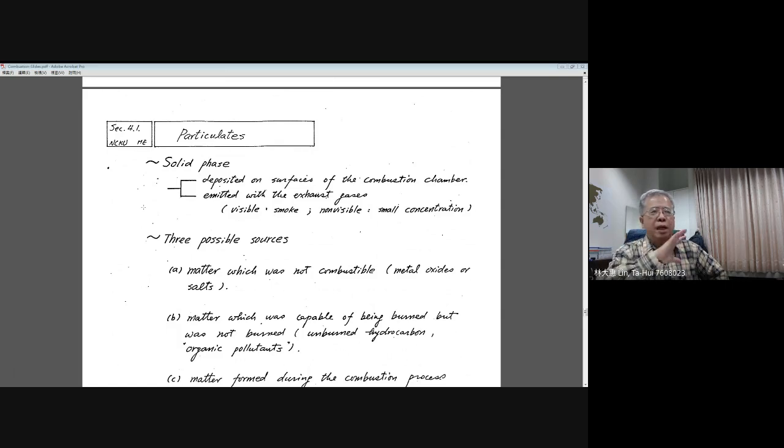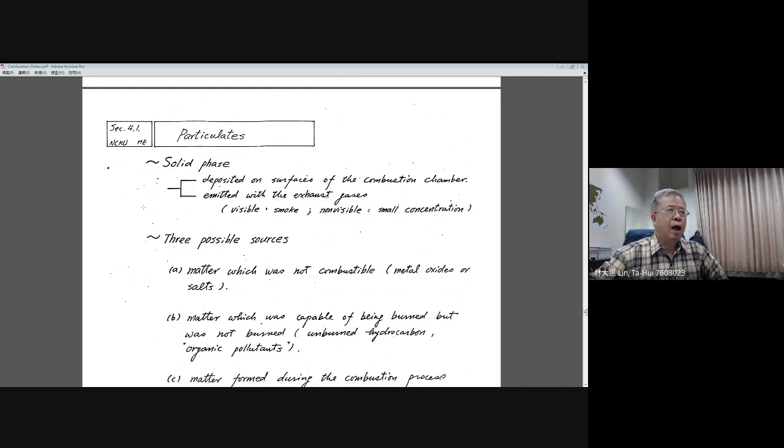But sometimes you cannot see it, though the flue gas is coming out, because they still have a very small amount of particulates in the flow. That means it is not visible, but there is still a very small concentration.